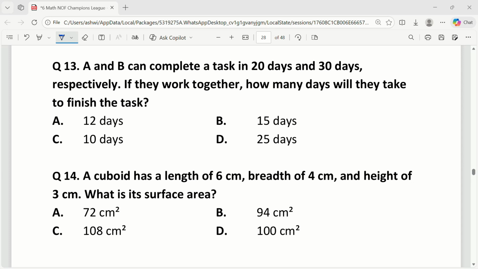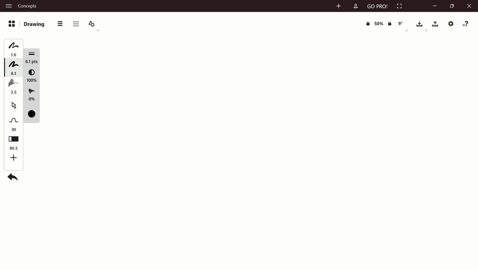Question 13. A and B can complete a task in 20 and 30 days respectively. If they work together, how many days will they take to finish the task? A completes the task in 20 days, so A's daily rate is 1 upon 20. B completes the task in 30 days, so B's daily rate is 1 upon 30. Add their daily rates to find the fraction of task they complete together in one day.